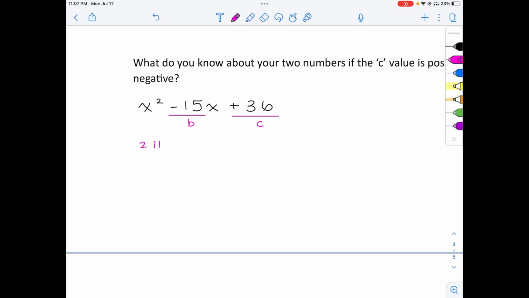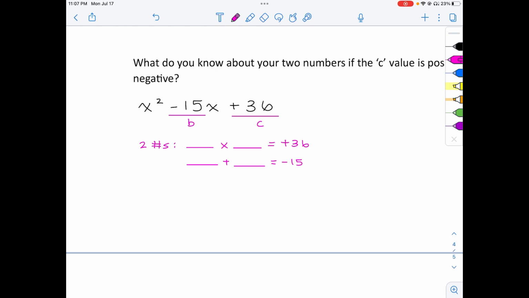So my two numbers need to multiply to give me positive 36, and they need to add to give me negative 15. I know that if I want them to multiply to positive 36, they could both be positive numbers.